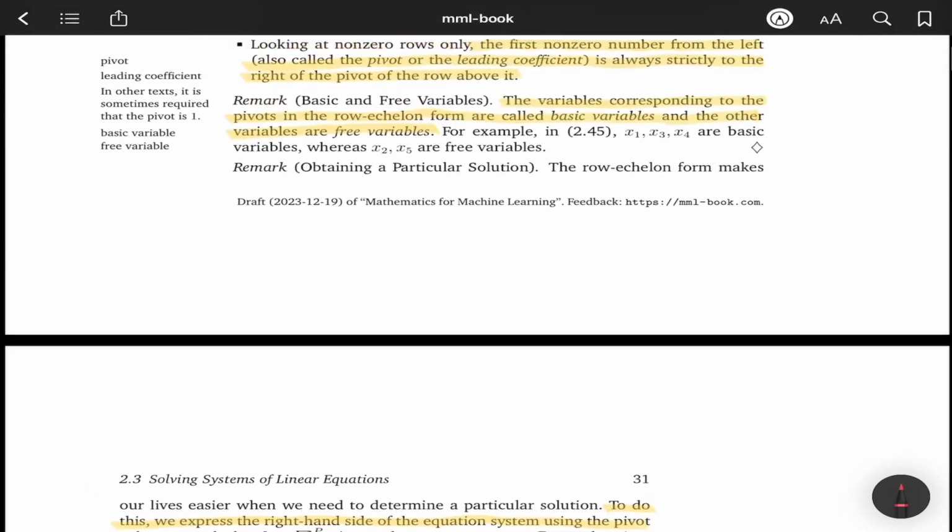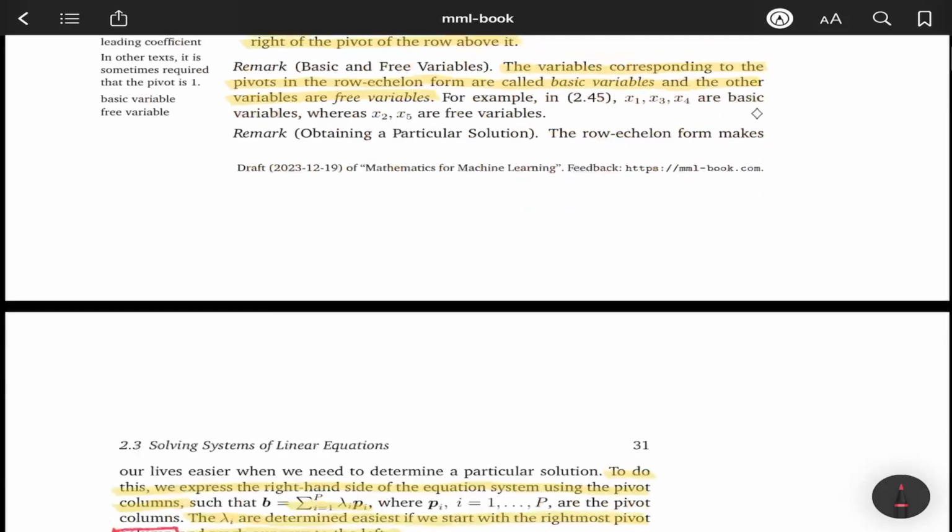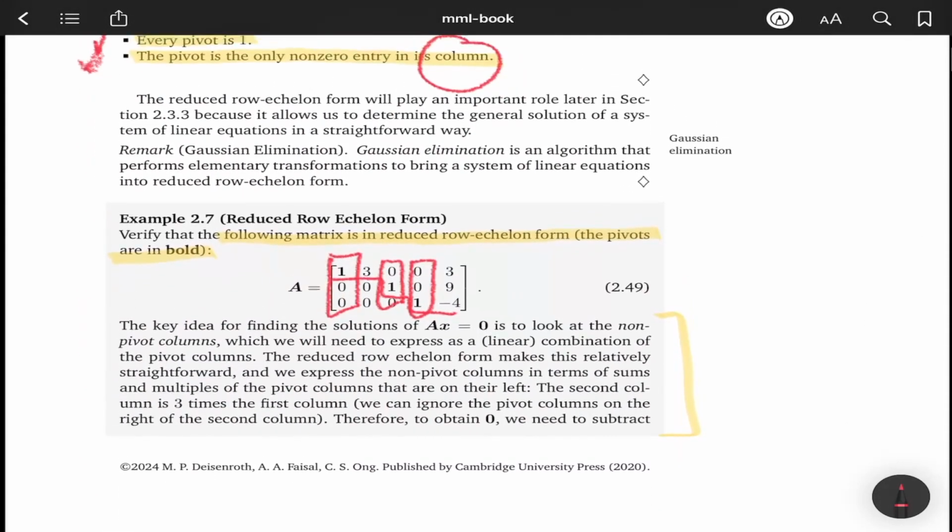The normal echelon form is saying that all rows that contain only zeros are at the bottom of the matrix. Correspondingly, all rows that contain at least one non-zero element are on top of the rows that contain only zeros. Yes.